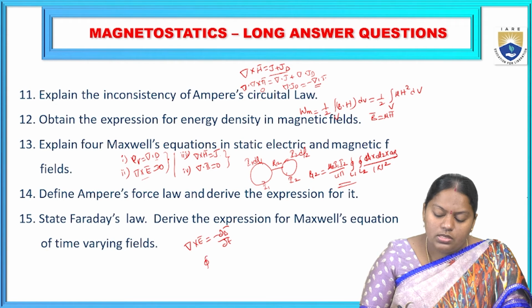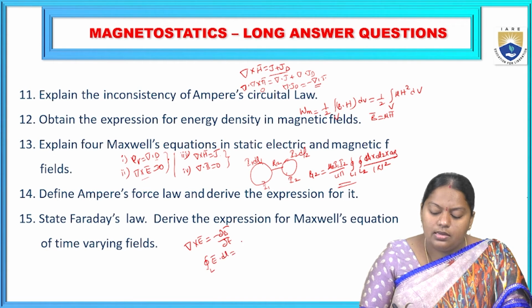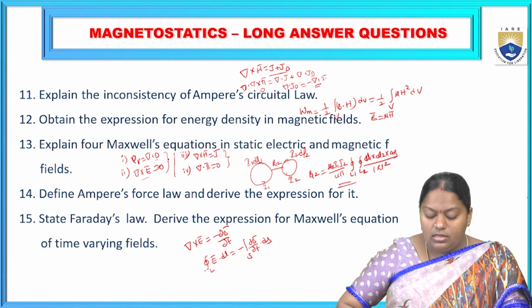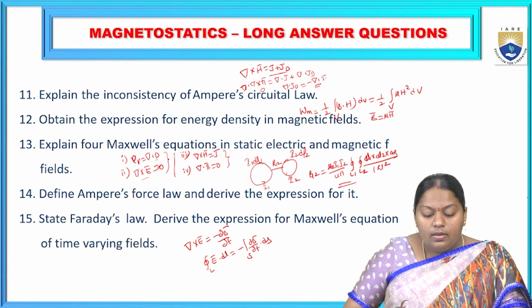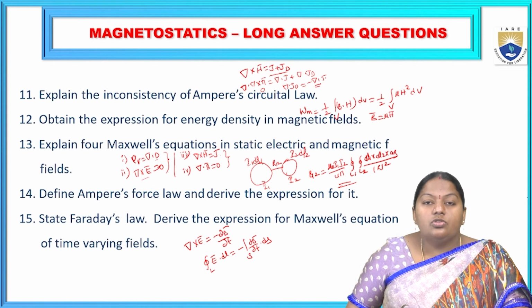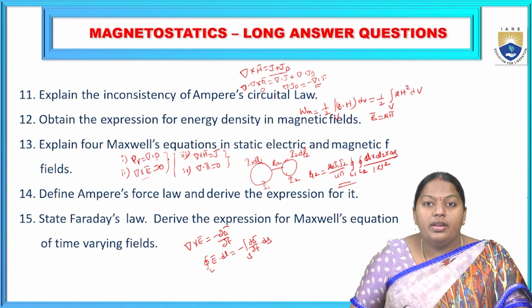And if we want to express that in integral form, closed line integral L of E dot dl is equal to minus integral S of dou B bar by dou t dot dS. Okay, this is one of the Maxwell's equations to be derived in the case of time varying fields, called Faraday's law.